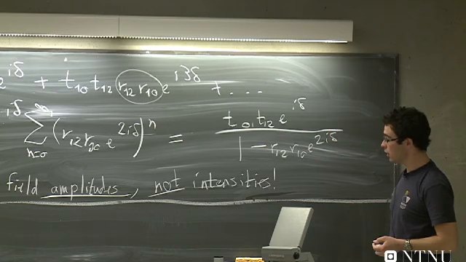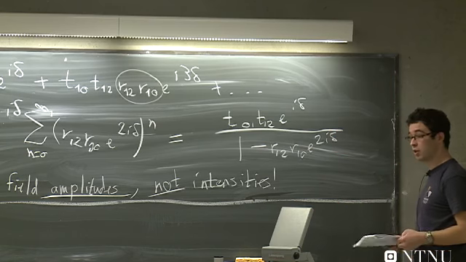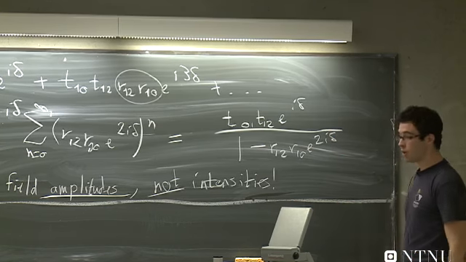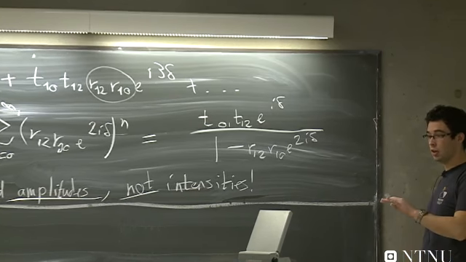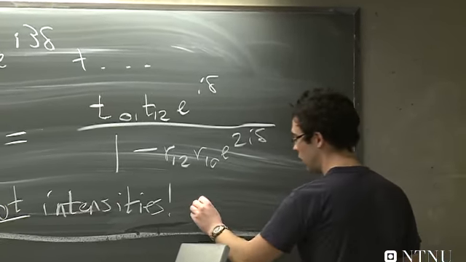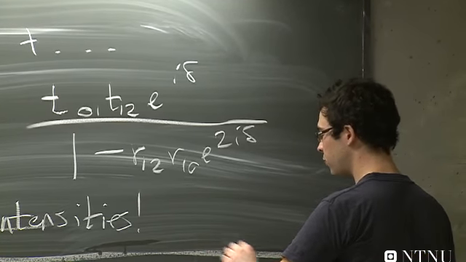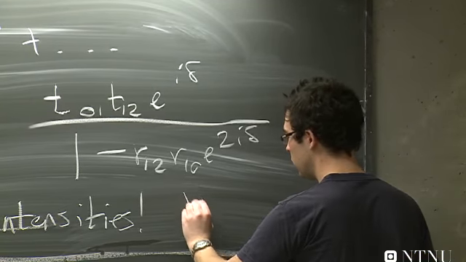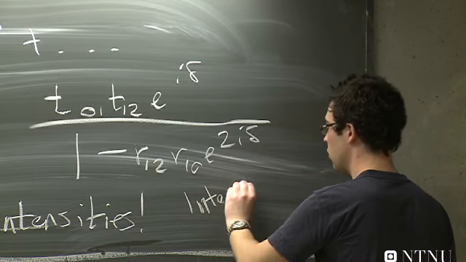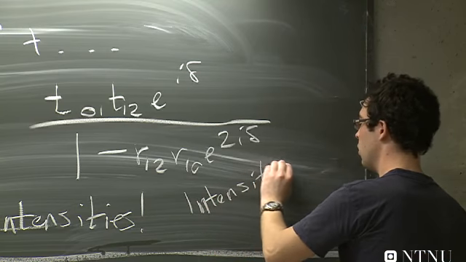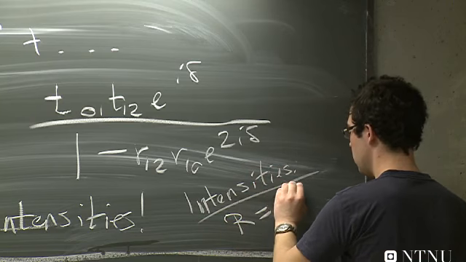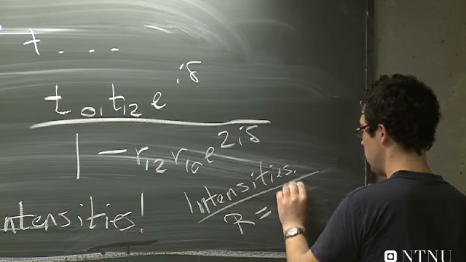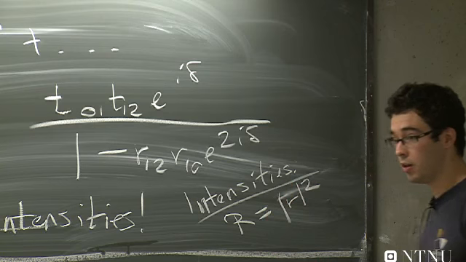But in the end, you often measure the intensities, and then you can calculate the intensities in the same fashion as we did for a single interface. And that gives us, for example, that R was equal to, let's see, R absolute value squared.